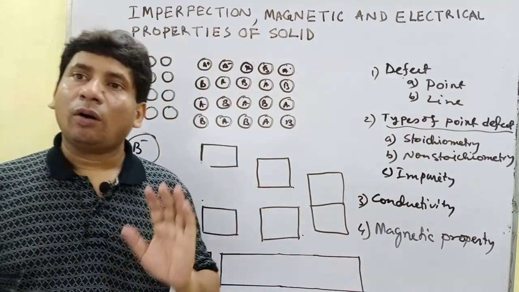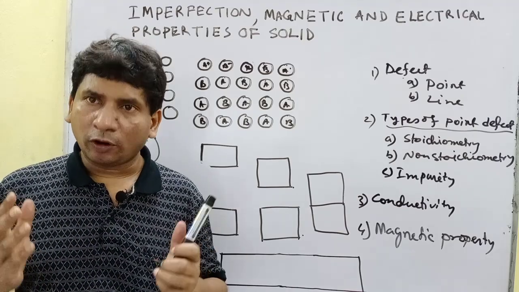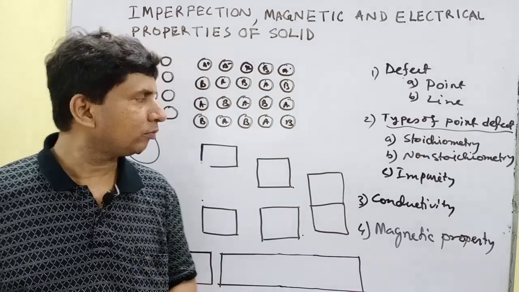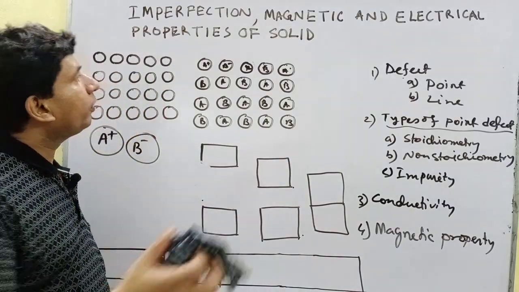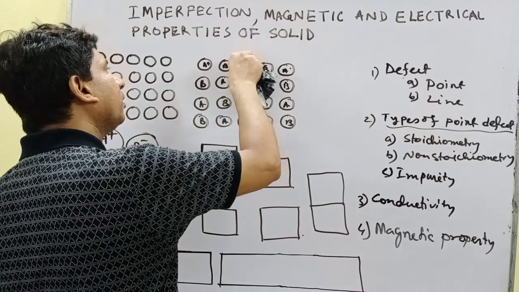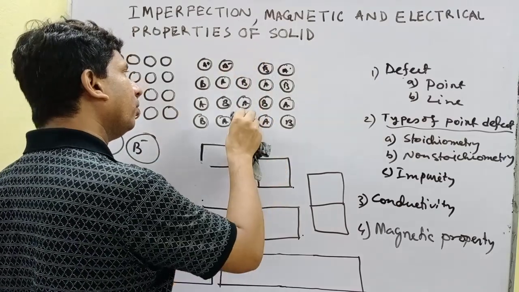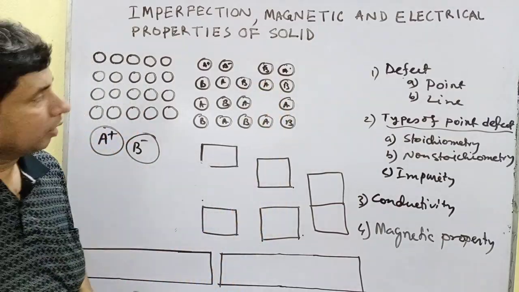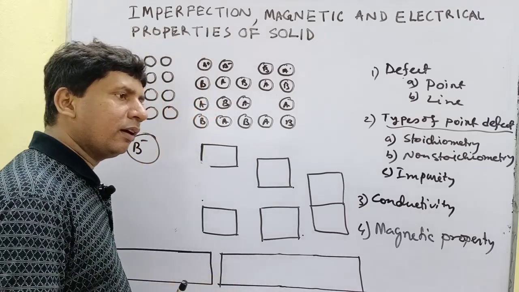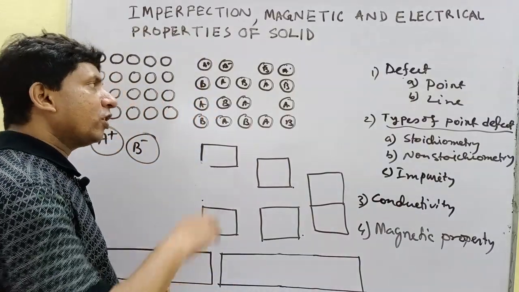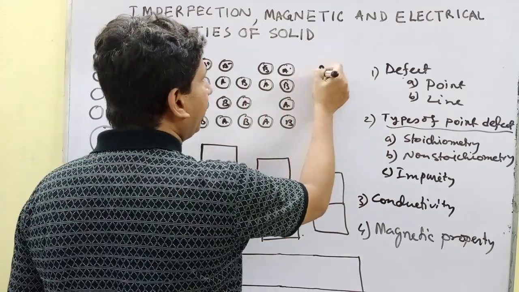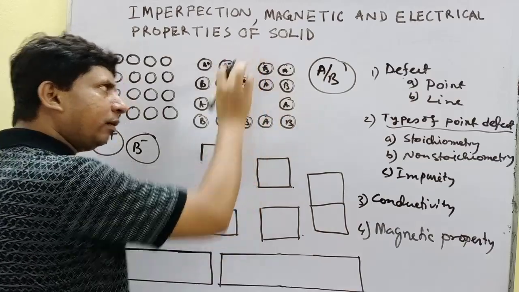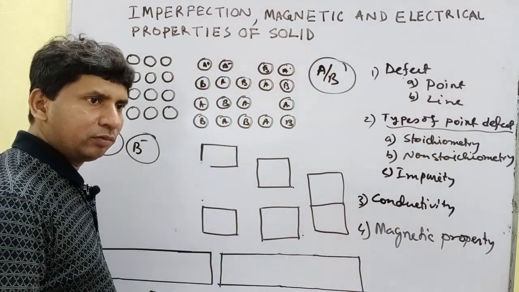It always contains an equal number of cations and anions missing. If one A is missing and one B is missing, then the stoichiometric ratio, A by B, remains the same before and after the missing of cation and anion.